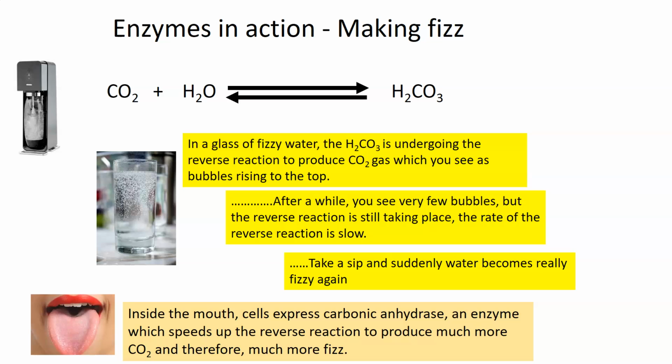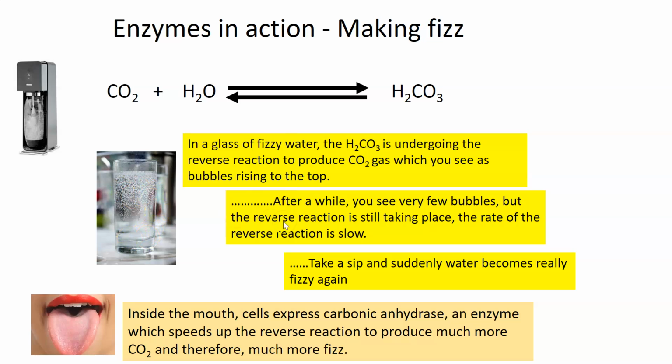Now, the interesting thing that you see when you pour a glass of fizzy water into a glass is that you'll see lots of bubbles being produced, which means that this reaction here, carbonic acid to carbon dioxide, is really fast. But then after a while, it settles down.